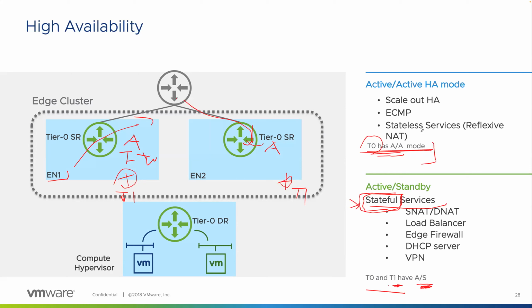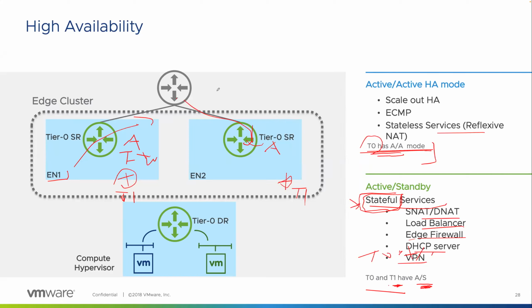So if you have some stateful services, for example SNAT or DNAT, translation table, load balancing, firewall, or some VPN that needs to keep state, the only choice is tier 0 active-standby mode. If you don't have any stateful services, you can put them into active mode.